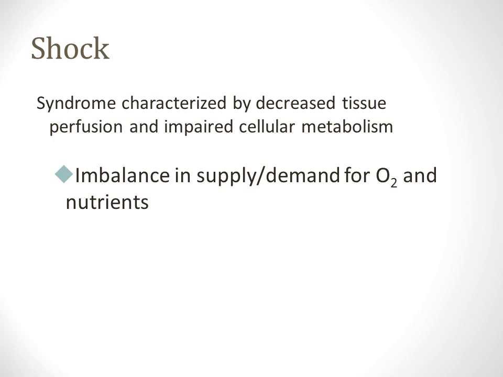So the tubes or the pipes that connect the pump to the tissues need to be healthy and need to be the right diameter in order to circulate the blood. And lastly, we need to have a sufficient amount of blood in the right areas in order to perfuse the tissues. If you have a problem with any one of those things, then we compromise tissue perfusion.